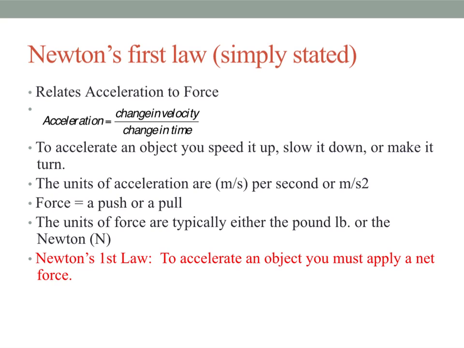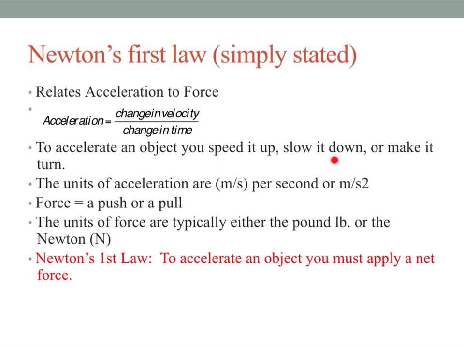Now, in the last module, we talked about acceleration as being a change in velocity divided by a change in time. So it's the rate at which velocity is changing. And when we talk about what it means to change velocity, remember it means we can do it in one of three ways. We can speed it up, we can slow it down, that is, either of those represent changing the speed.